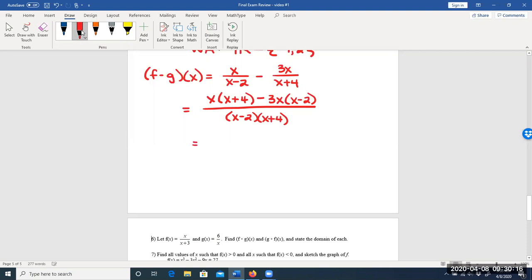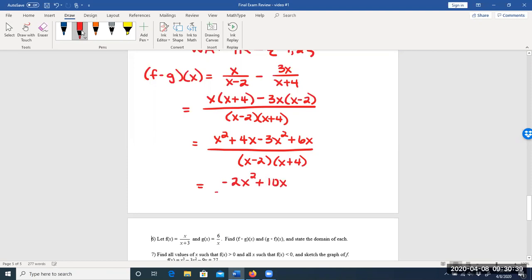And I'll go ahead and distribute to get x squared plus 4x minus 3x squared plus 6x all over my common denominator. And I'll combine like terms to get negative 2x squared plus 10x all over x minus 2 times the quantity x plus 4.